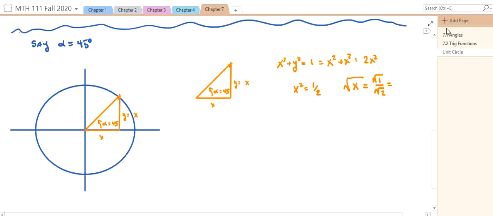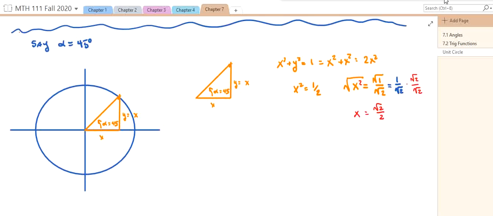So it's usually better to write this as 1 over square root of 2, and then if we multiply it by 1, or square root of 2 over square root of 2, we get that x equals the square root of 2 over 2.